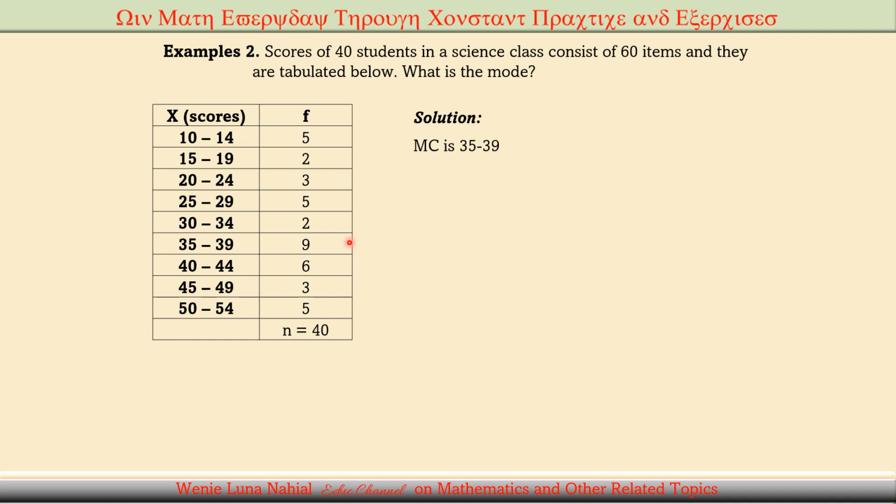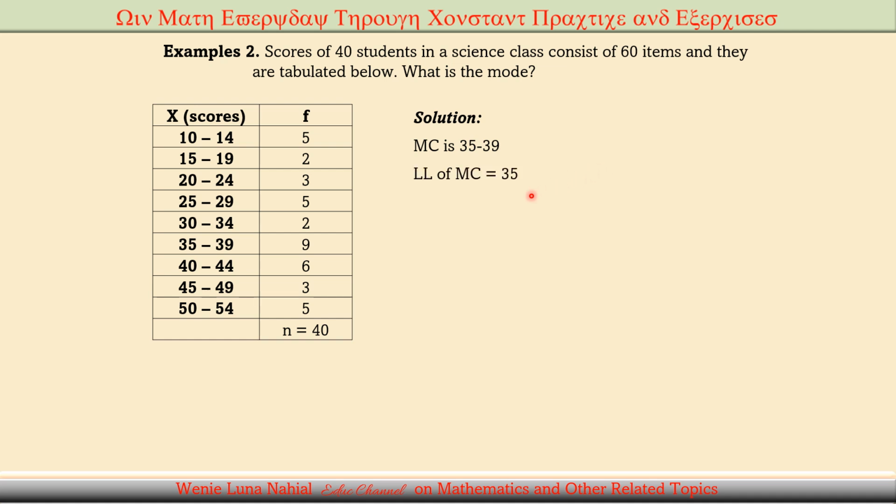The modal class is 35 to 39. Why is this the modal class? That is because in this interval, we have a frequency count of 9. So 9 of the test scores fall in this category. So that's why 35 to 39 is our modal class.